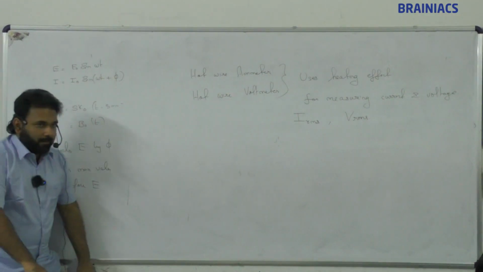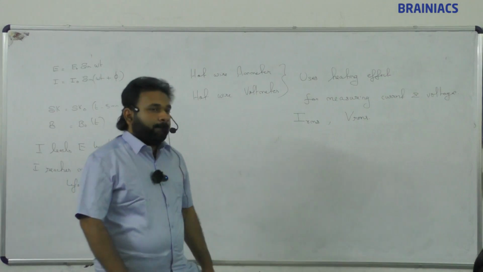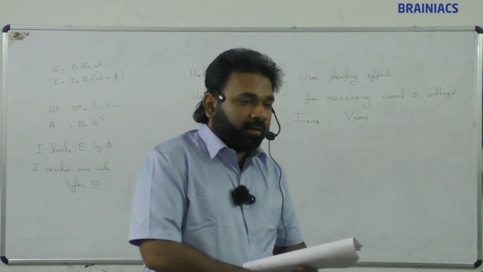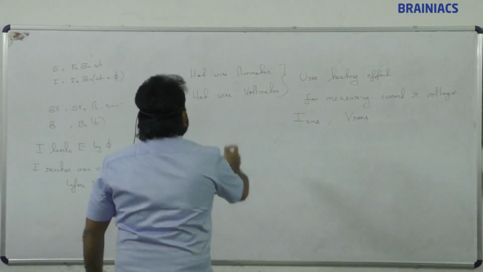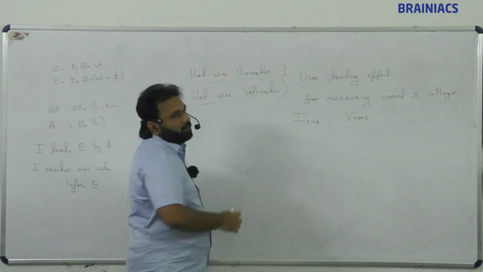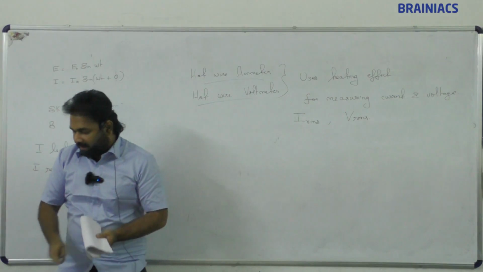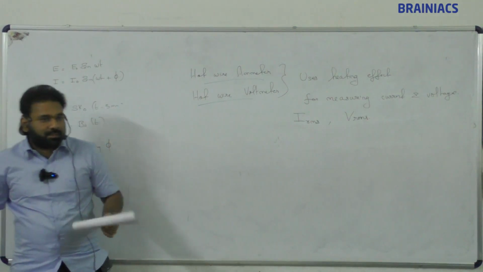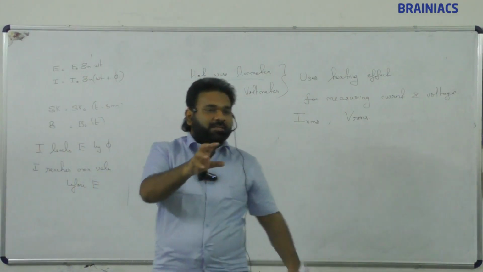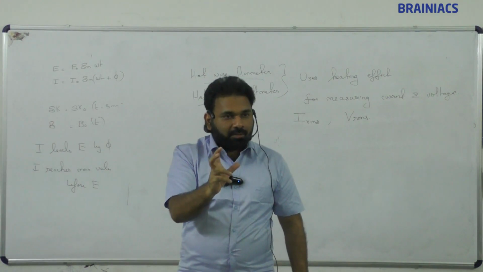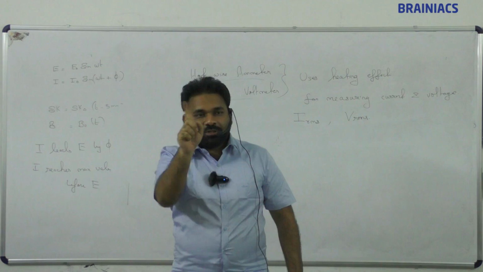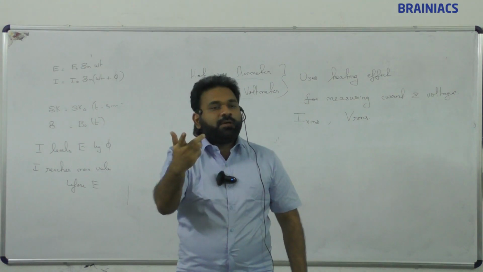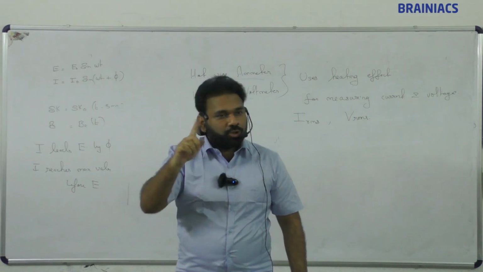Hot wire ammeter and hot wire voltmeter, this is its name. It is nothing but how much heat is delivered in that filament. So based on that heat, calibration will be done and voltage and currents will be shown.